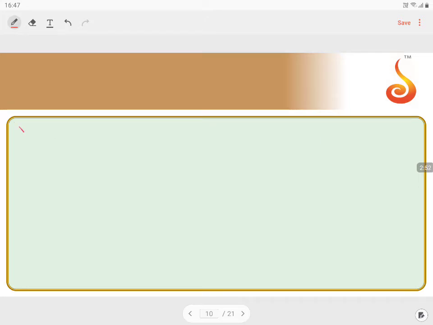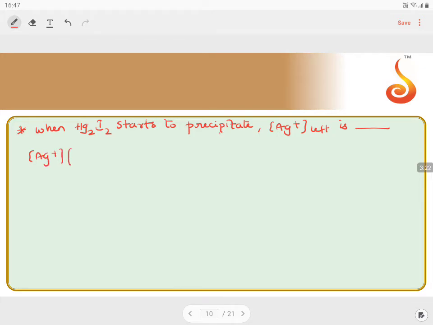Now the question comes: when Hg2I2 starts to precipitate, what concentration of Ag+ is left? This is what we have to find. We take the I- required for the precipitation of Hg2I2.